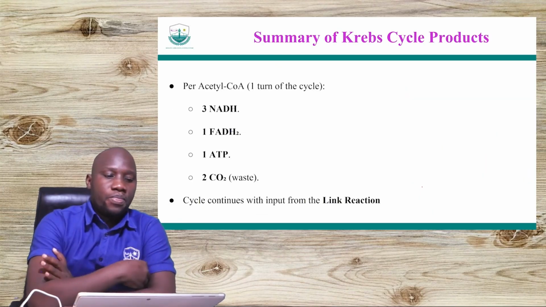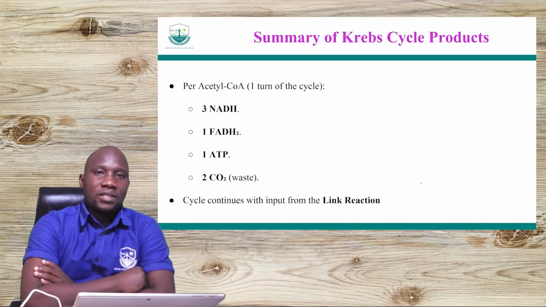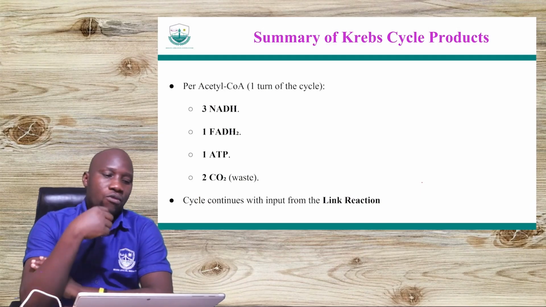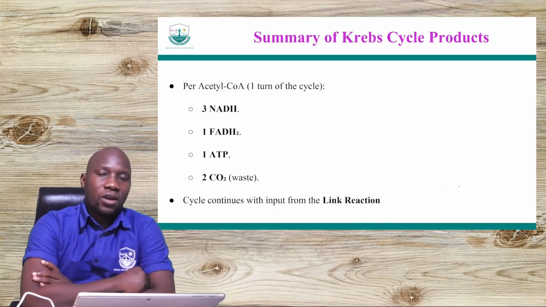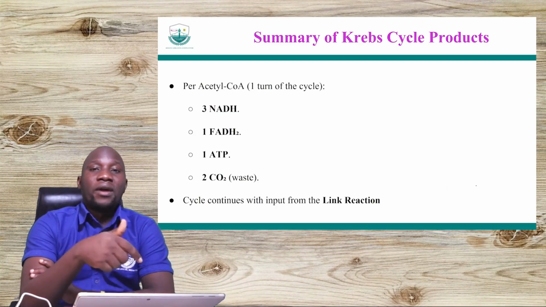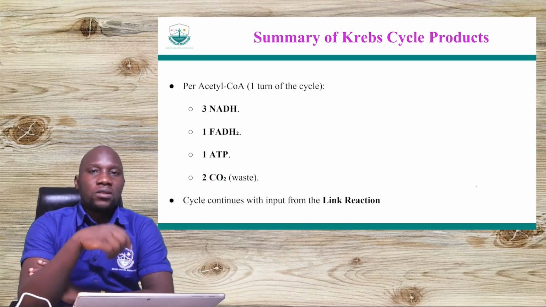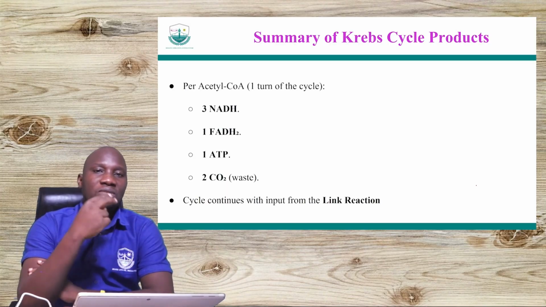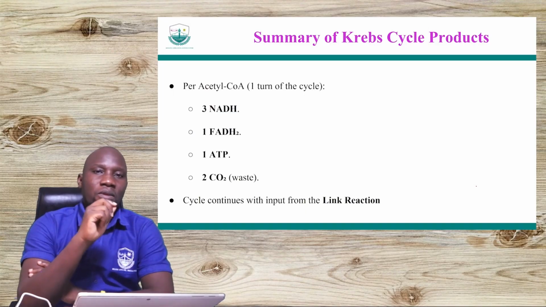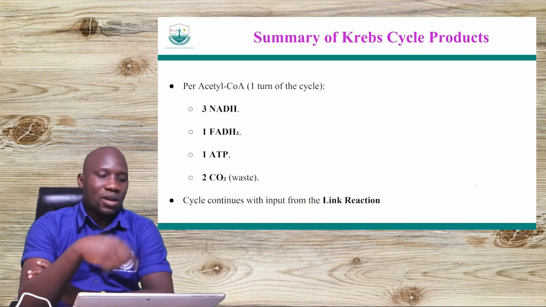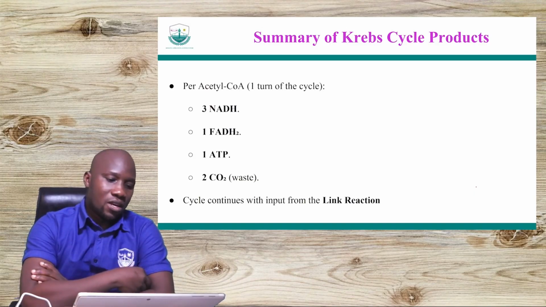So in summary, for every molecule of acetyl-CoA, you have the Krebs cycle running once. But because for every molecule of glucose you have two molecules that will eventually be converted into acetyl-CoA, that means that for every molecule of glucose you will have the Krebs cycle running twice.